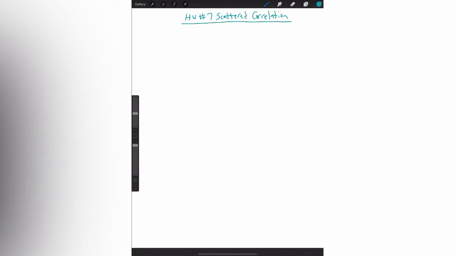We're still going to continue the lesson that we started in homework number 6, where we started to use our calculators and graph linear equations. We were looking at strong, weak, negative and positive correlation, as well as no correlation. And we're going to continue learning about that in this homework assignment.